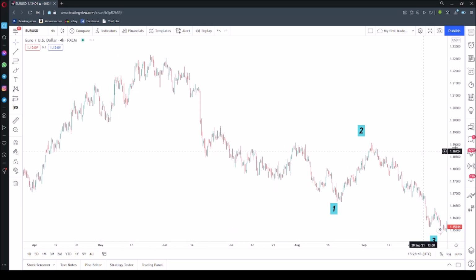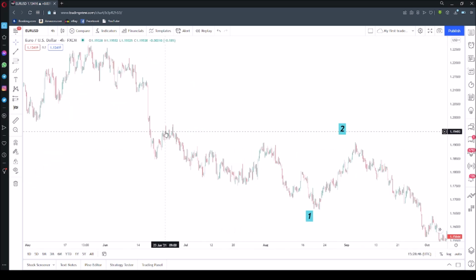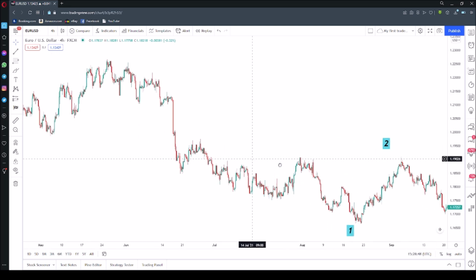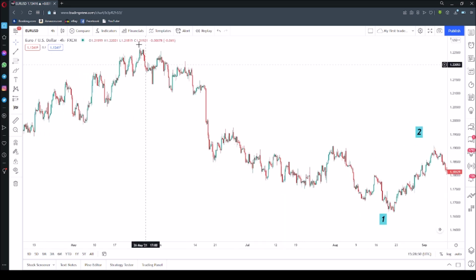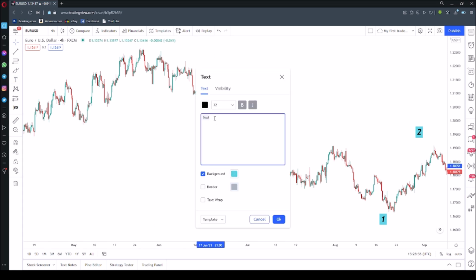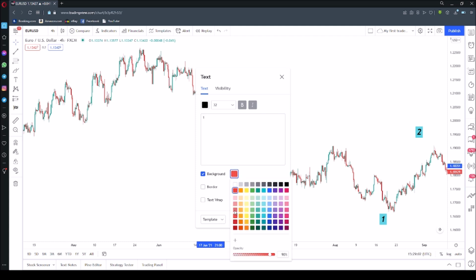So in the preceding time frame, which is the H4 time frame, I'm now going to mark out the waves. This was the highest point, and from that highest point we had the first impulsive drop, which becomes our wave number 1. I'm going to change the color to red.